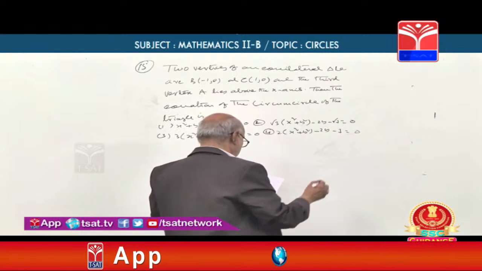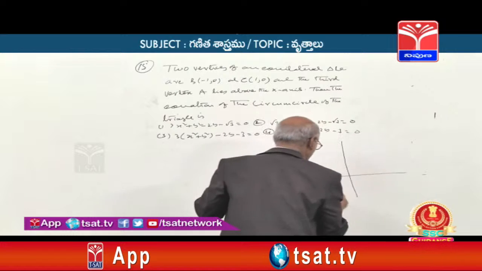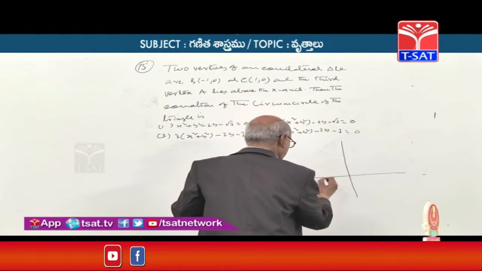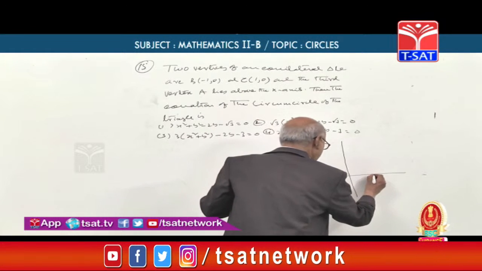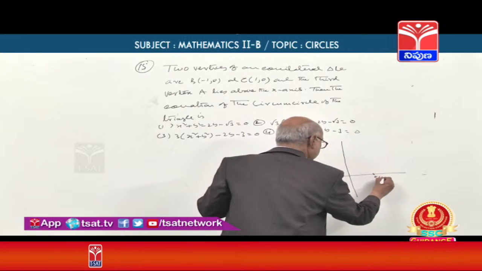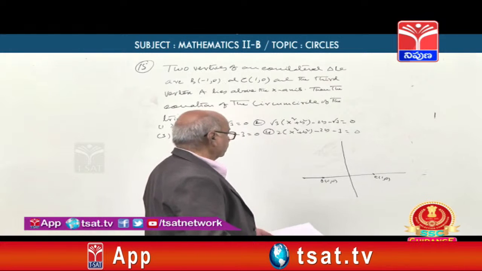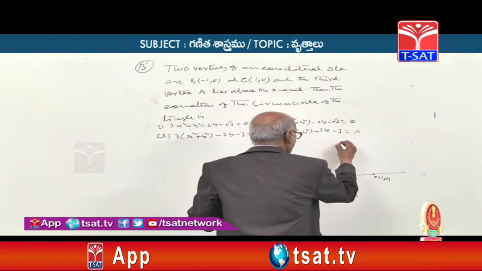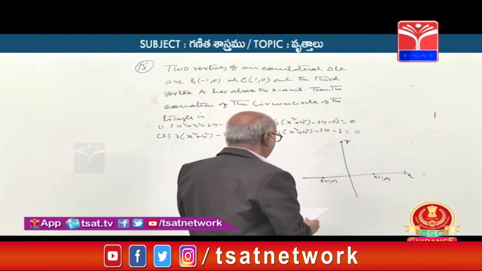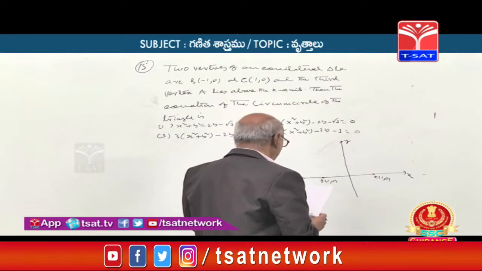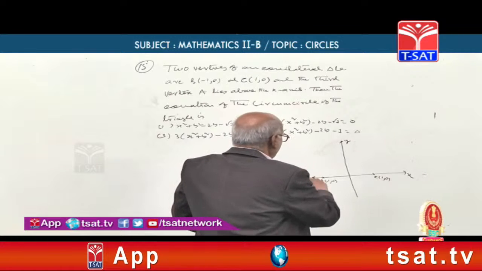Right. Now, please carefully see, I am drawing the diagram, and you are given that B is minus 1, 0 and C is plus 1, 0. So, these 2 points are on the x-axis, for which the y-axis is the perpendicular bisector. And the third vertex lies above the x-axis and it is the equilateral triangle.